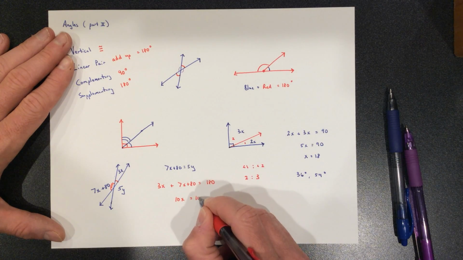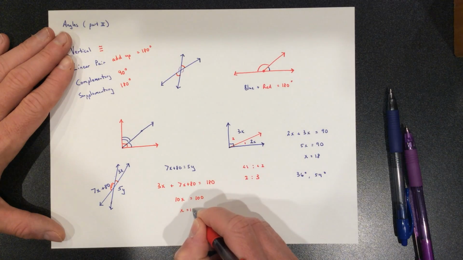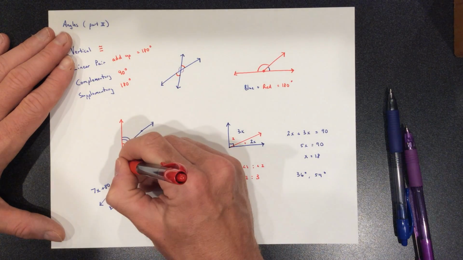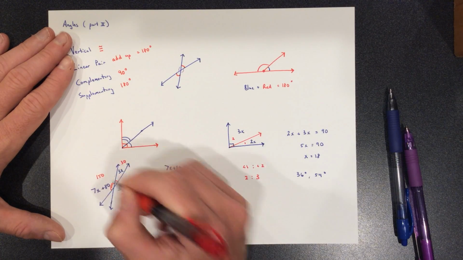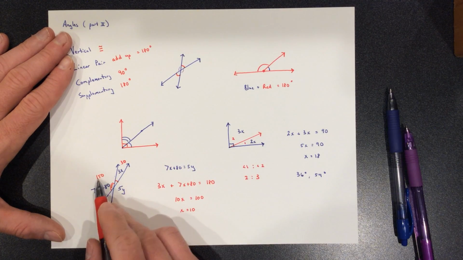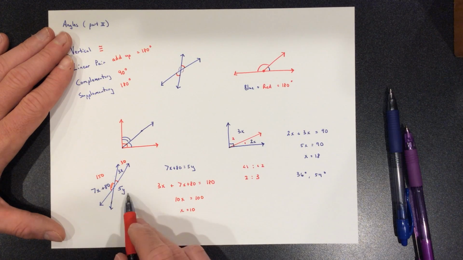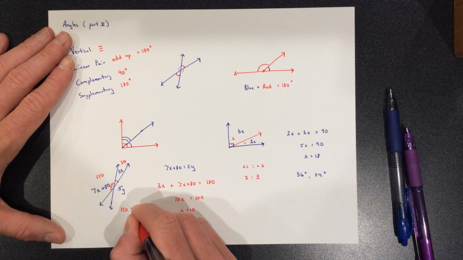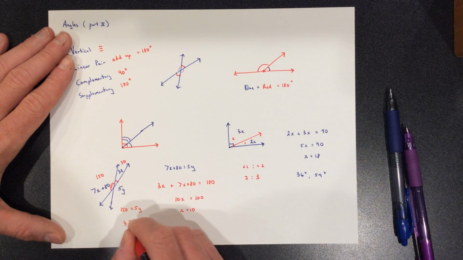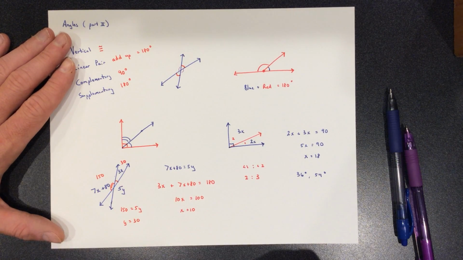Subtracting that 80 means 100, and x equals 10. Okay, so that means that's 30, and that means that's 150. But if that's 150, then the 150 does have to be congruent to the 5y. So you can set those two equal and find y to be 30.